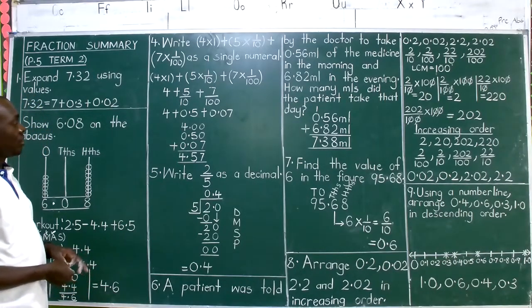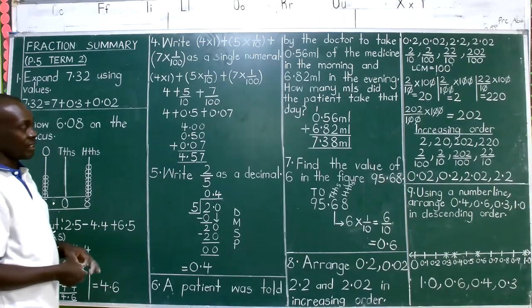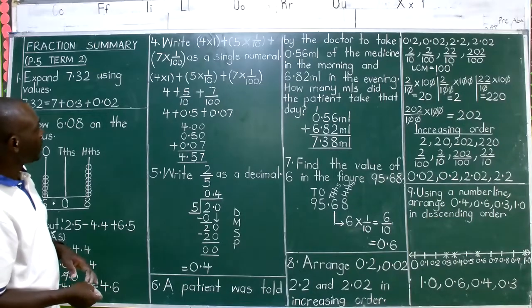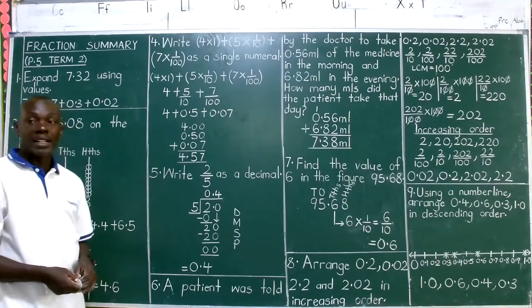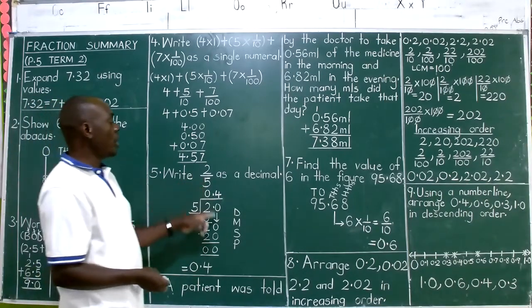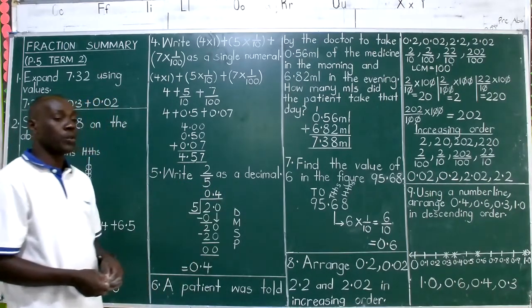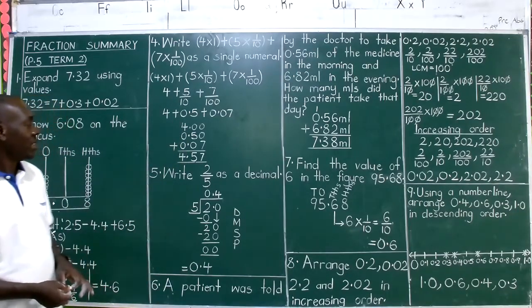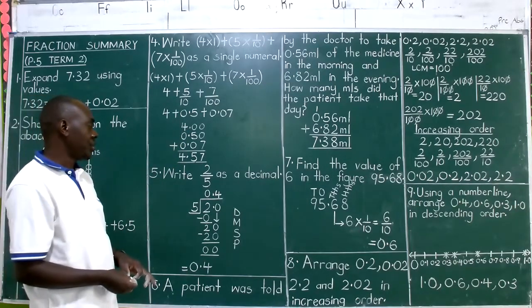When answered like that, no one will ask you for any other thing, but only give you all the marks for that particular number. As we look at example number 5 today: write 2/5, or 2 out of 5, as a decimal. Remember, a decimal is a number like this, or a number that bears a point.